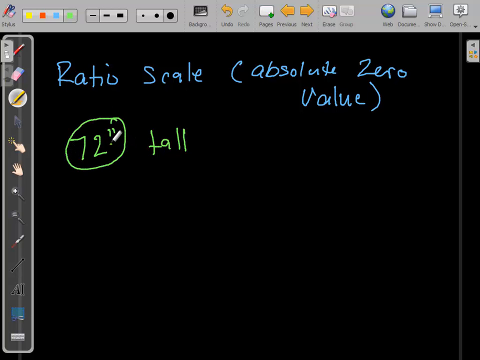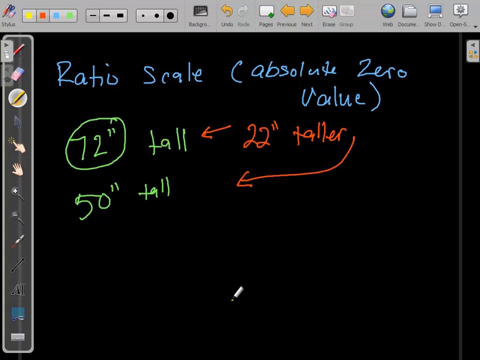Notice the units here: I'm putting in inches, and I'm giving a definite label, and that is different than being 50 inches tall. Even though with the interval scale I might say that this person here is 22 inches taller than this person, this 22 inches doesn't actually correspond to the height. It's just a comparison.